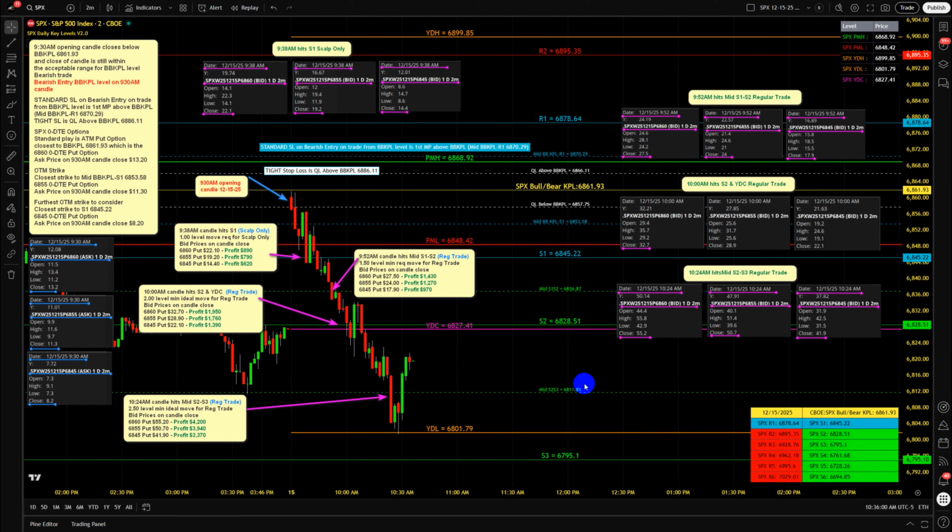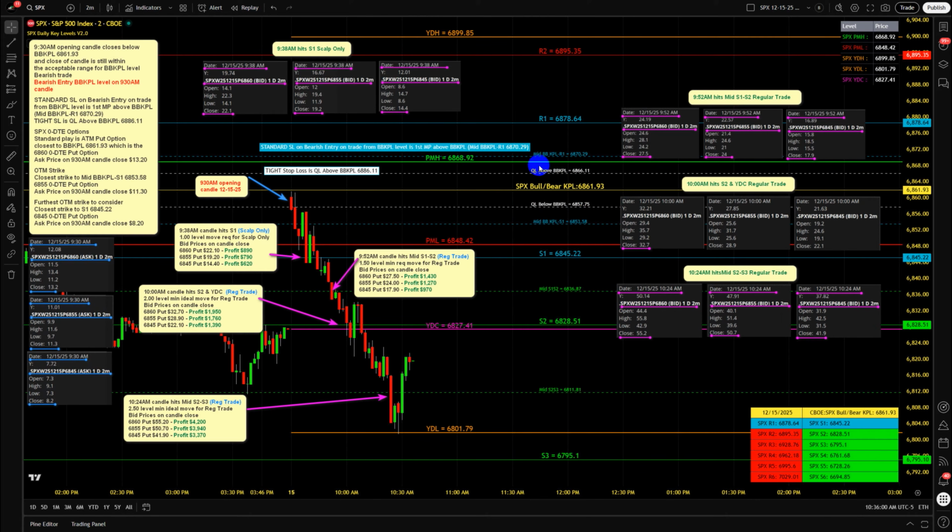We've drilled down from R2 down to S3, which is recommended with this indicator for starting out the session, so you can see all of the different levels on a more granular basis. You can also see these important levels here, the QL above and QL below, and these midpoints above and below the bull bear KPL, which are very important for many reasons.